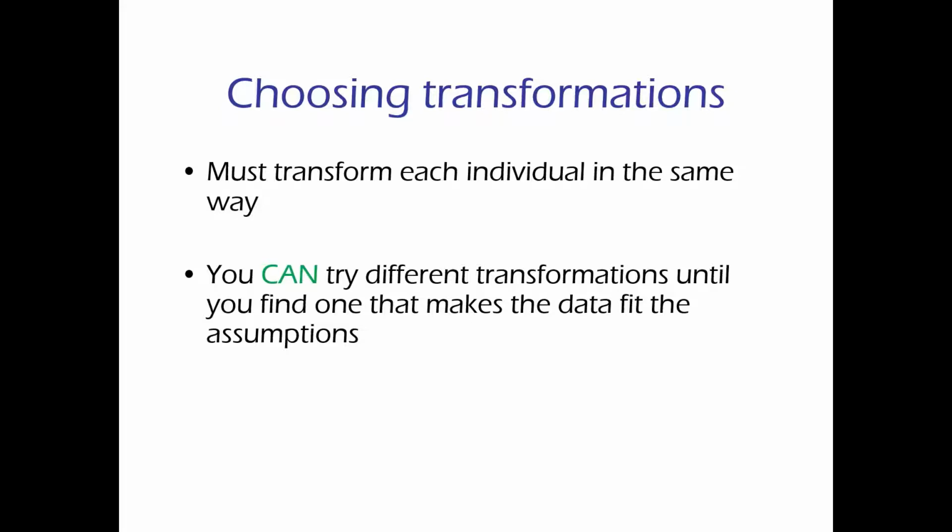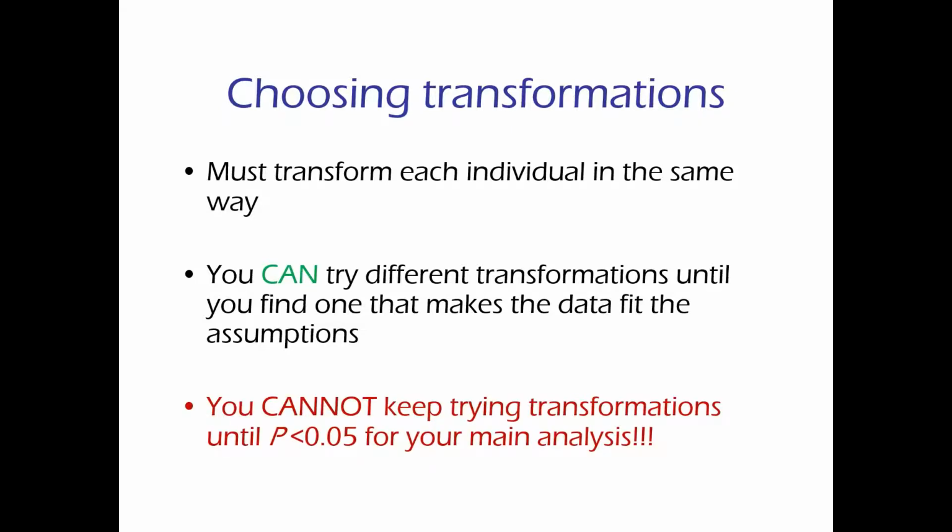Therefore, we can try different transformations until we find the one which makes the data fit the normal distribution assumption. However, we cannot keep trying different transformations until we find a p-value which is less than 0.05, or the significance level for the main analysis.